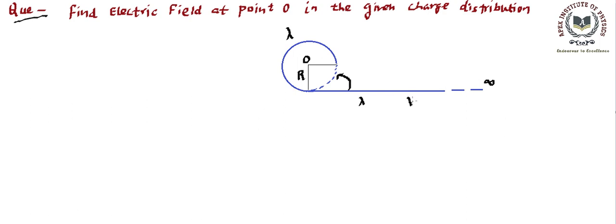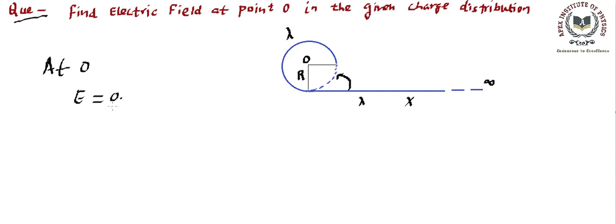If we consider this as a part of the charge distribution, then we can say this is a complete circular loop. And then we know the field at the center of the complete circular loop or ring is 0. That means we can claim at O the field will become equal to 0.